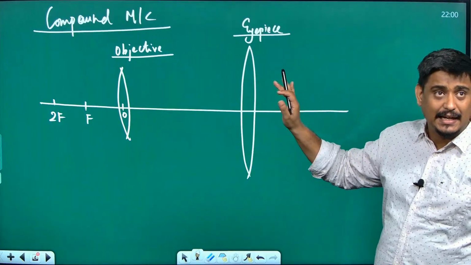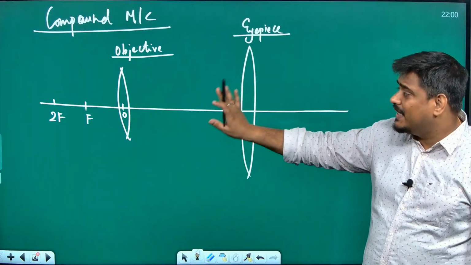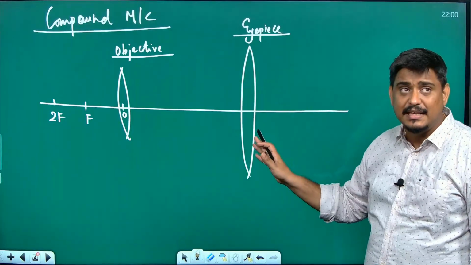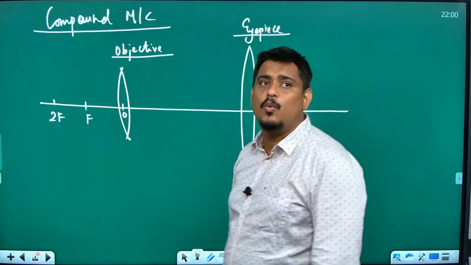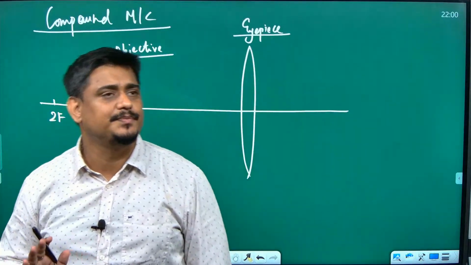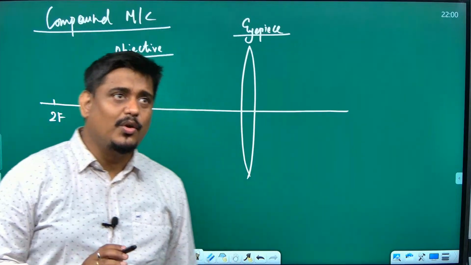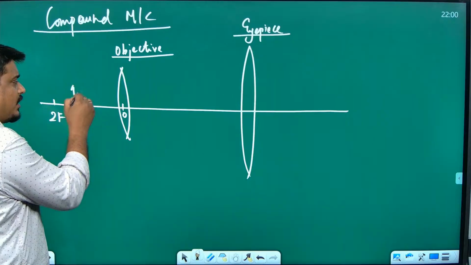It means that even if I am having a real image, that real image will be treated as the virtual object for the eyepiece, and whatever image the eyepiece makes, only that I will be able to see. I hope you are getting what I am trying to say. So, we need not keep the object between O and F, rather we will keep the object between F and 2F.